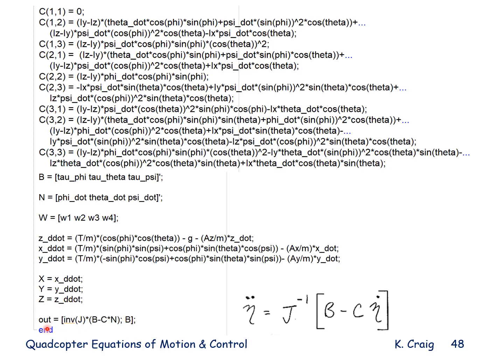The output then is equal to the solution of the three rotational equations of motion.